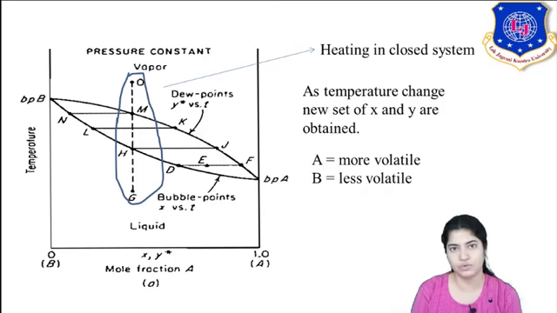That right-hand side vertical line shows pure A, so XA equals 1. Now if I'm representing in the form of vapor phase, then YA equals 1.